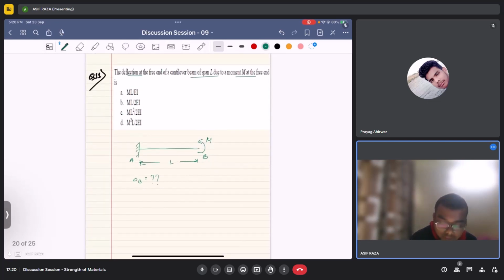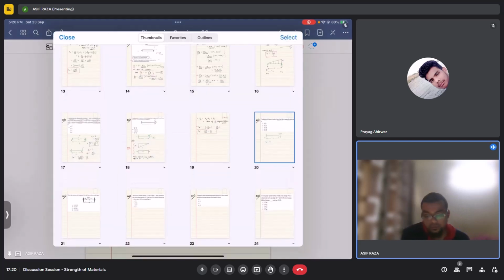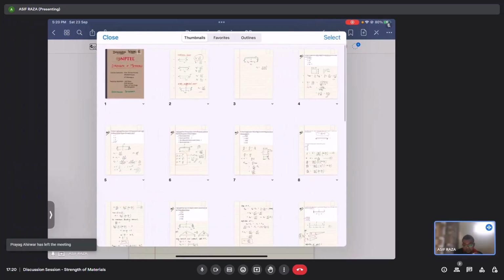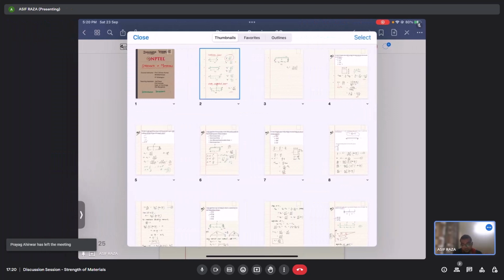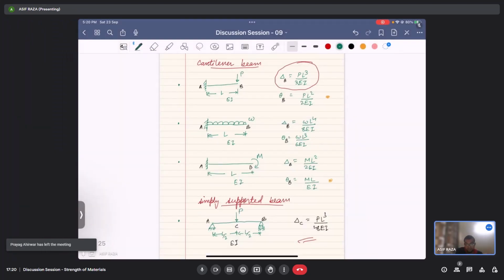With the standard results I provided earlier, you can directly say the correct answer. It is this, ML square by 2EI.